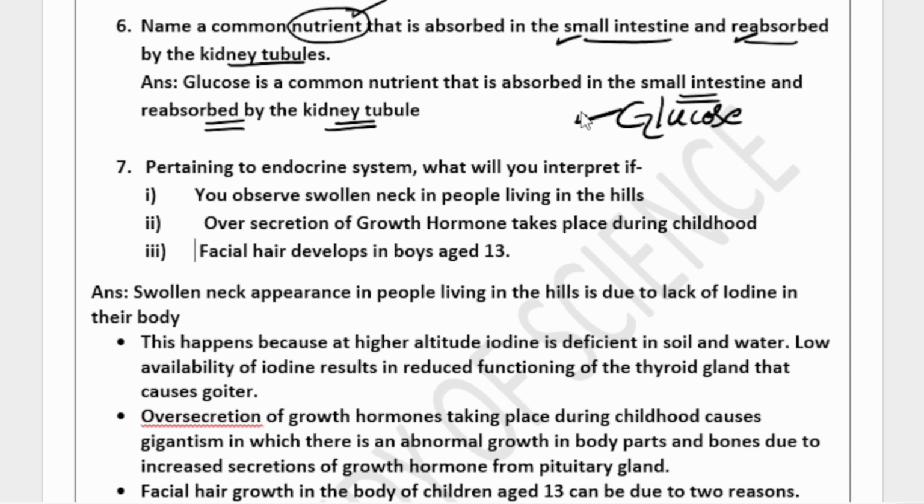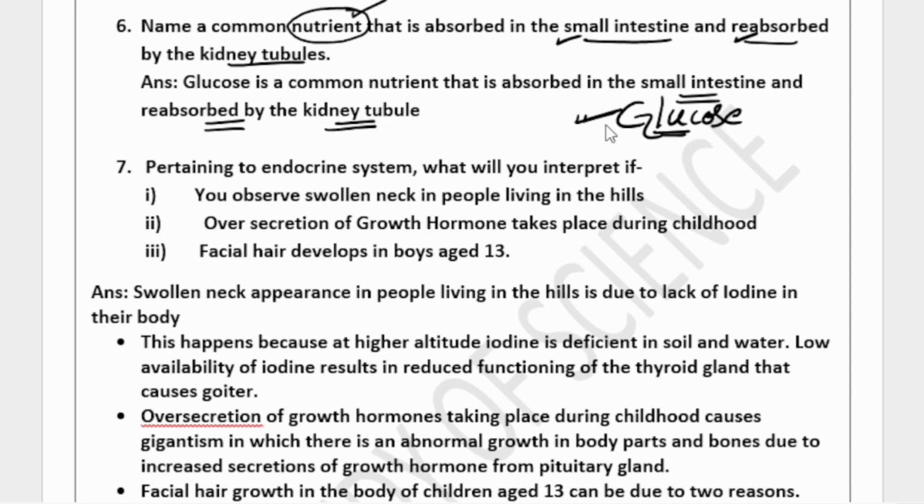Suppose the blood is getting filtered, what is the function of the nephrons present in the kidney? They filter the blood. So when they filter the blood, the good amount of amino acids, glucose, salts, they are all reabsorbed. Okay, you have a process called reabsorption. Good things which are needed by the body get reabsorbed.